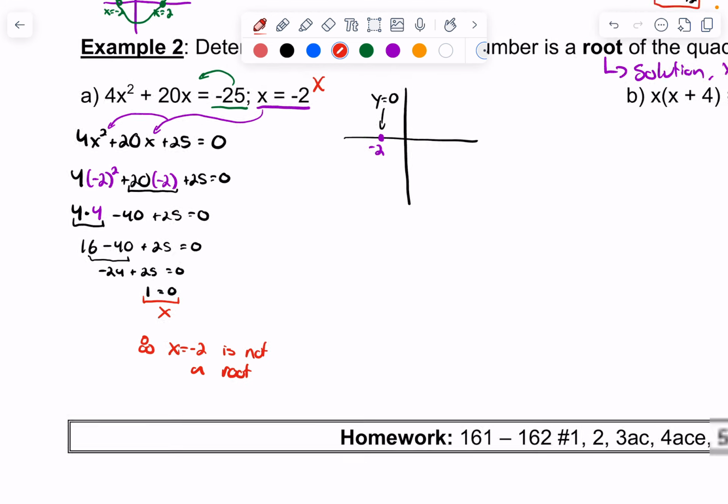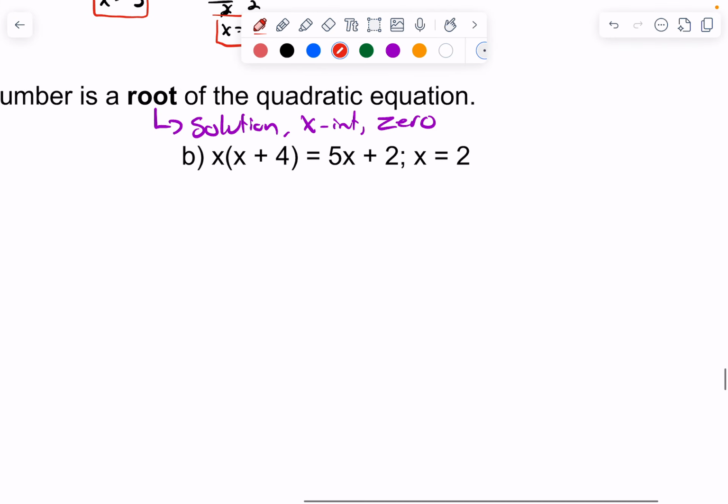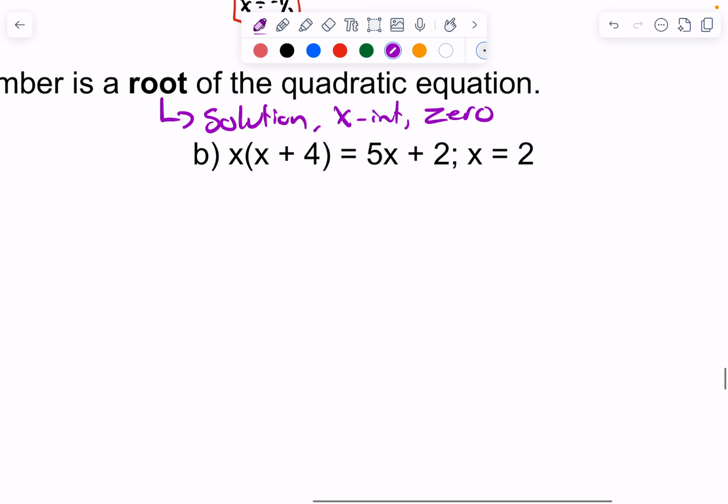Okay, try it again on this side right here. Part B. Again, what you're doing is you're just substituting this value of x equals 2 in for this x, and this x, and this x right here, and you're just seeing if it equals 0. But first off, let's set this one side to 0.